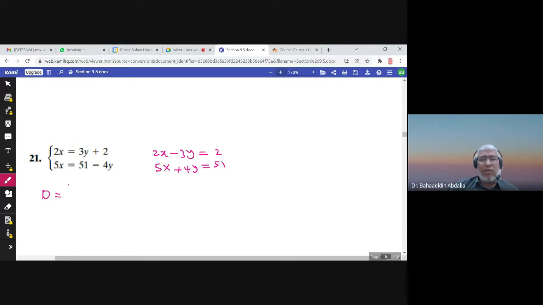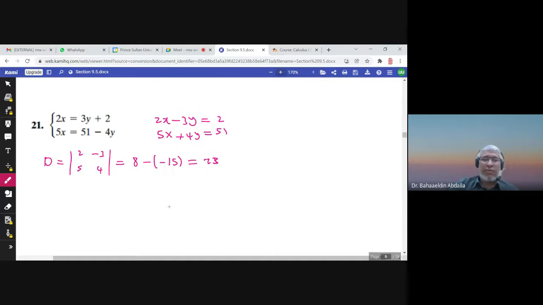And now d would be 2, 5, negative 3, and 4. 2 times 4 is 8. Negative 3 times 5 is negative 15. 8 plus 15 is 23. What about dx?